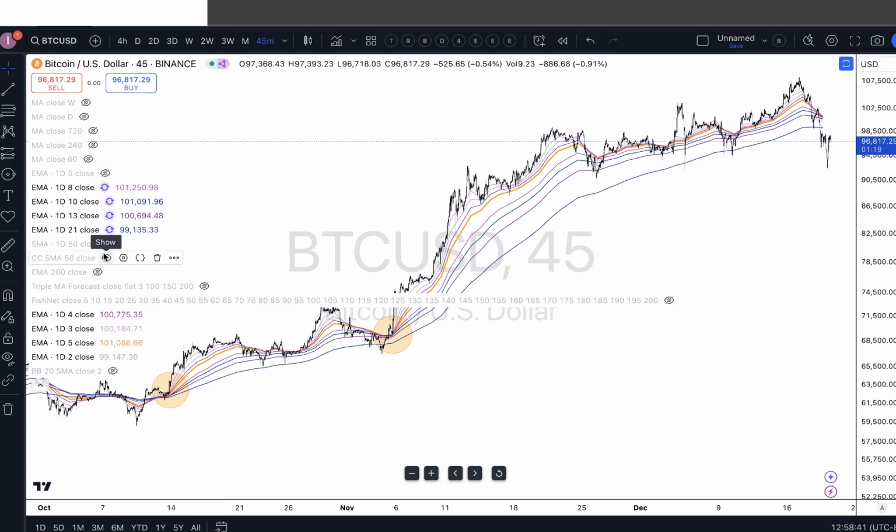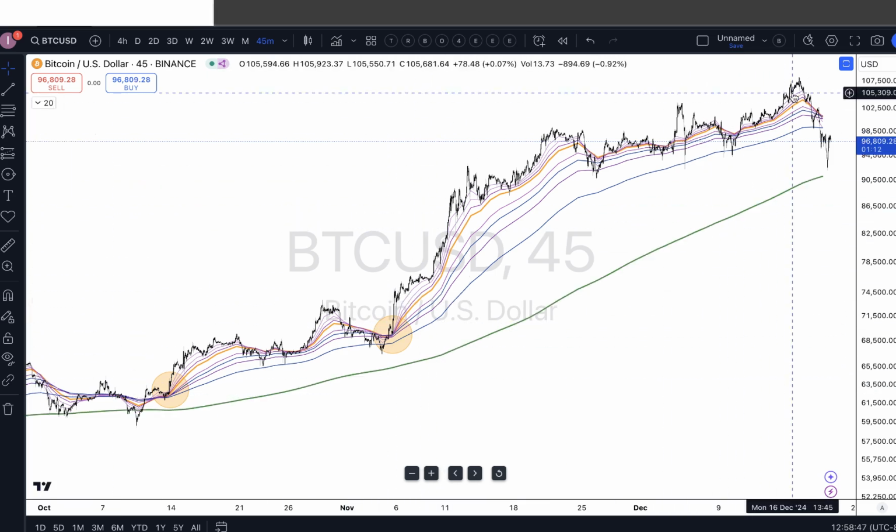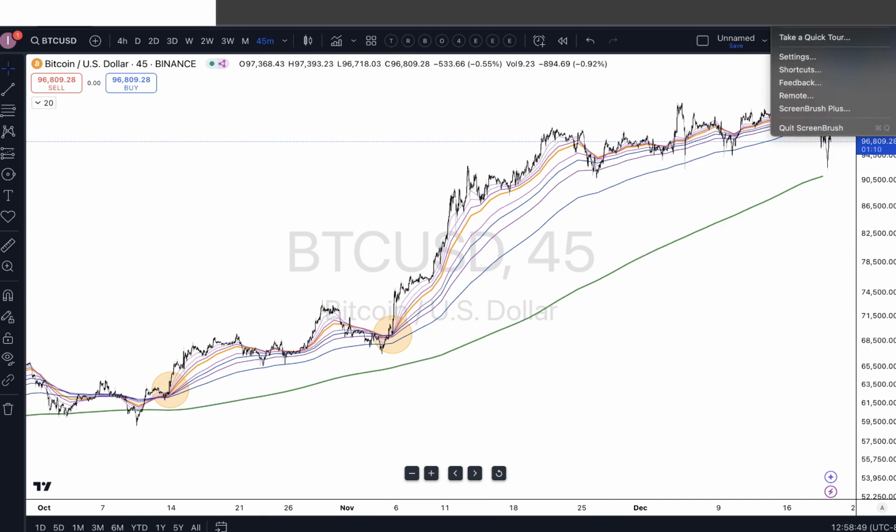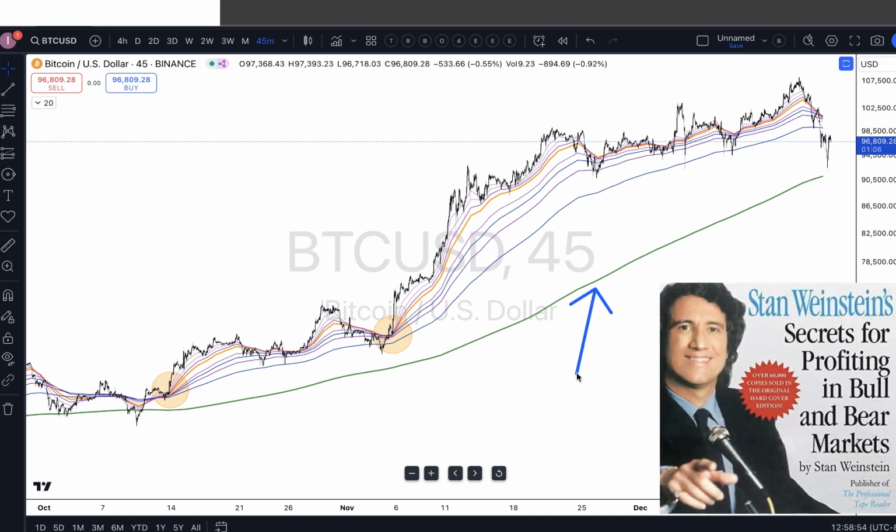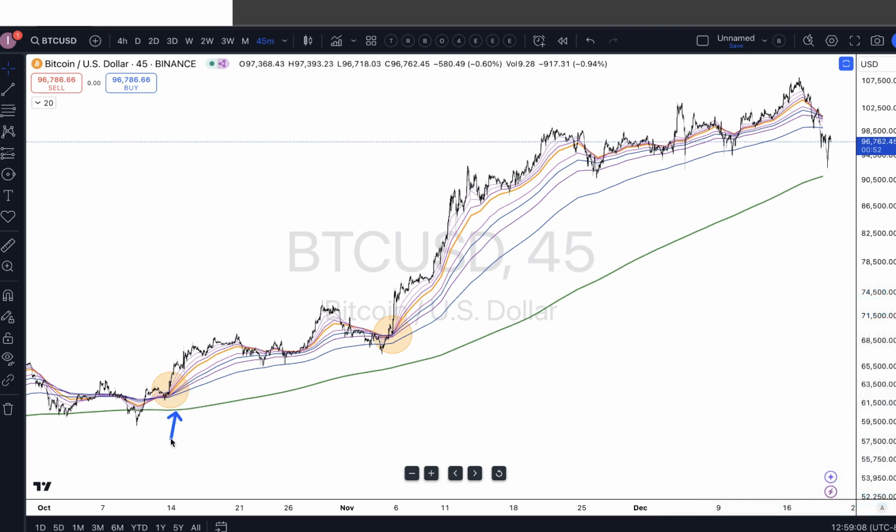But now let's add in the daily 21 EMA as well as the 50 simple moving average. And the green, this is Stan Weinstein's, one of his go-tos. So this green is the 50 simple moving average. Ideally, what we want is the 50 SMA in an uptrend. Uptrend is subjective, but what we're looking at right here is considered an uptrend.